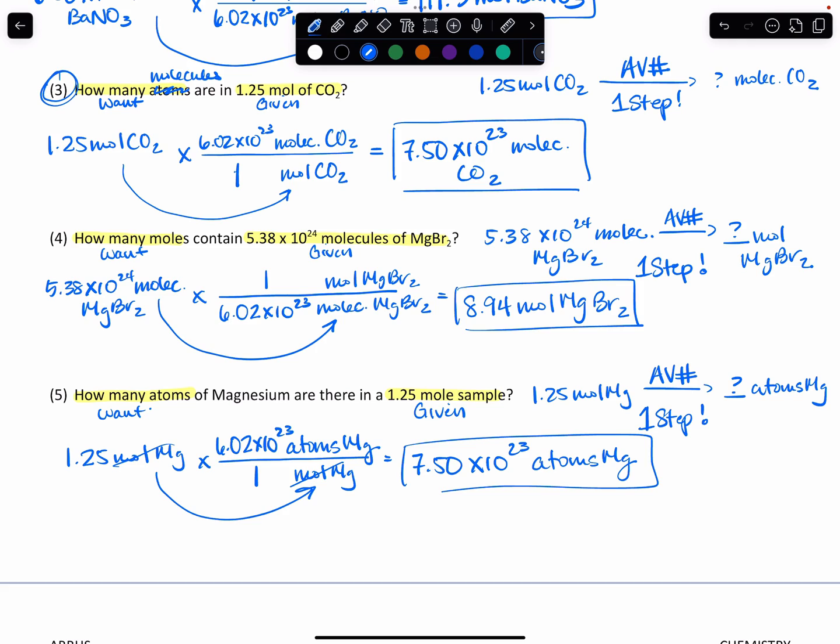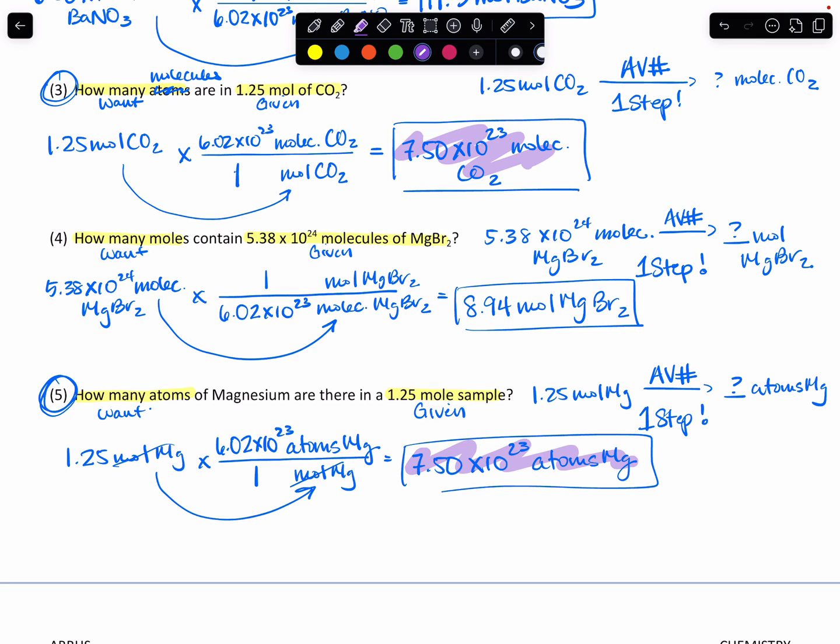All right, so I want to take a moment to just point something out. If you look at number 3 and number 5, you can see that both of them had the same number of moles of the substance. One was carbon dioxide, the other was magnesium. And if you're paying attention, you can see that our answer for the two is the same. That's reasonable because 1 mole of anything contains 6.02 times 10 to the 23rd particles. For problem number 3, we were talking about molecules of CO2, but because we had 1.25 moles, it had 7.50 times 10 to the 23rd molecules of CO2.